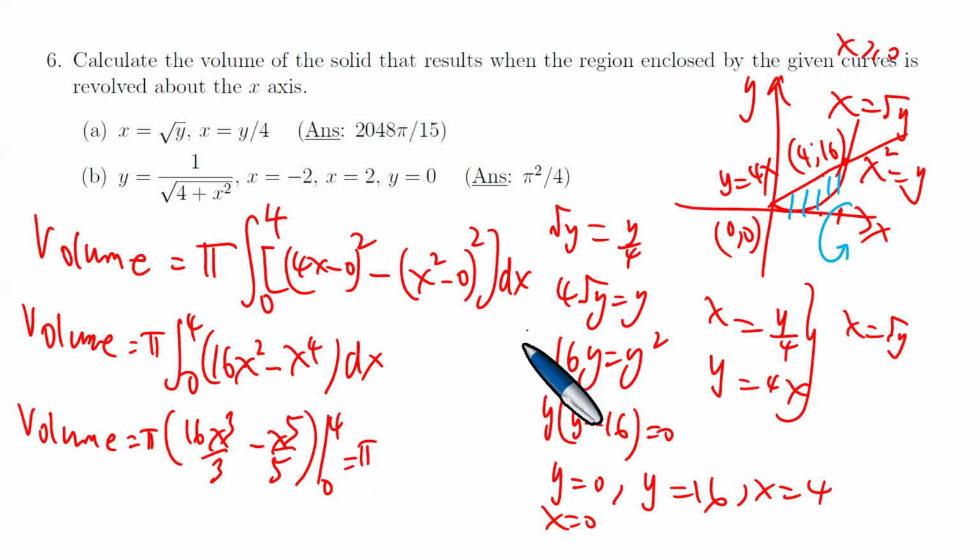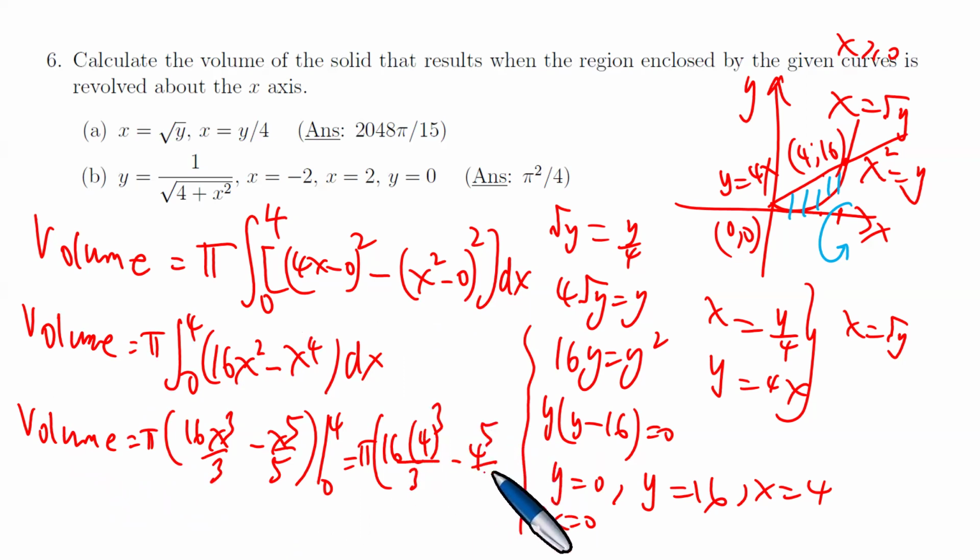Which is pi. You put in the 4, which gives 16 times 4 cubed divided by 3, and then 4 to the 5th power over 5.